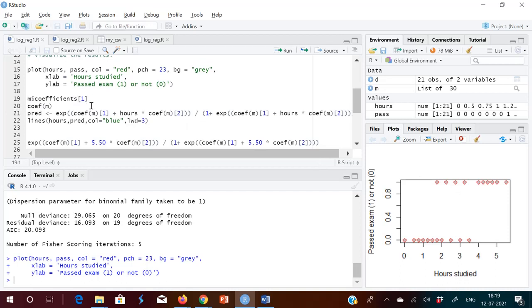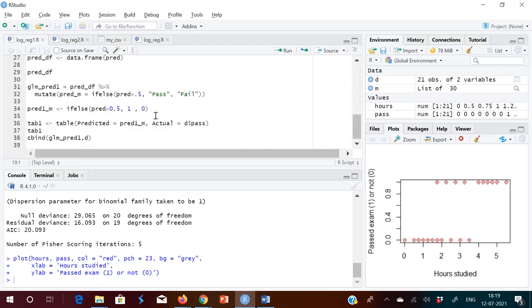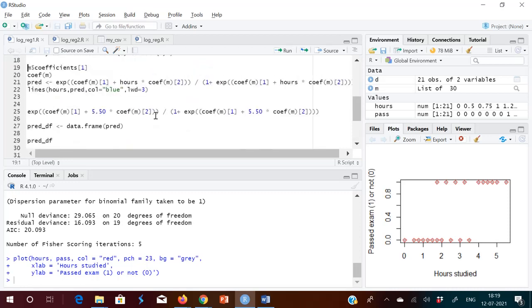These are the usual things to call the coefficients and all. Now see, this is the thing I want to tell you. Here I am not using the predict function. Without that, I am directly calling the equation.